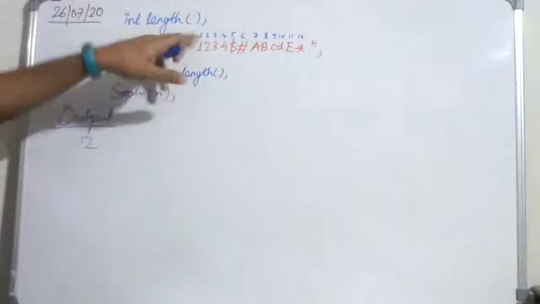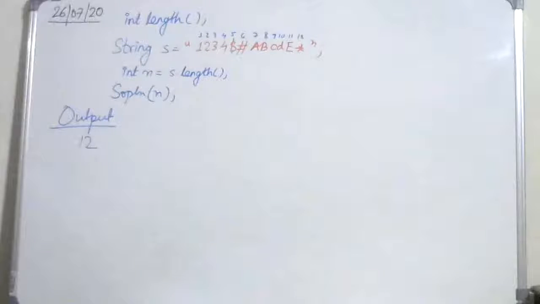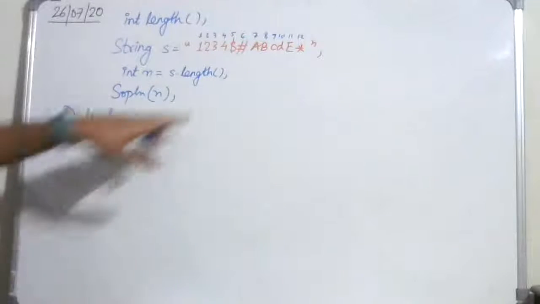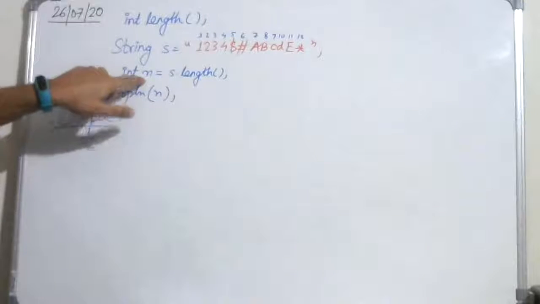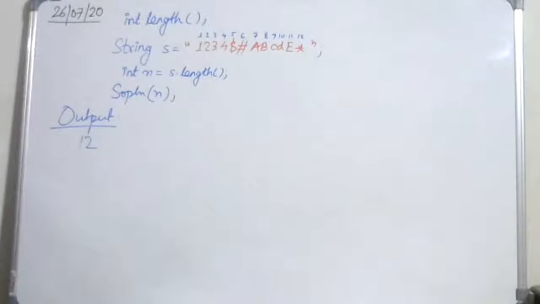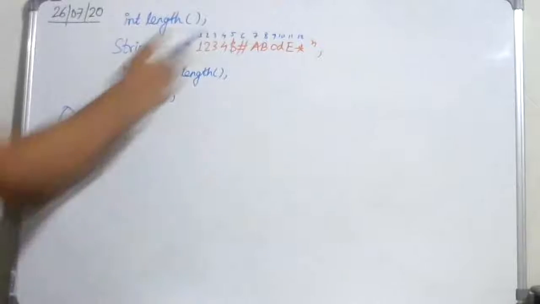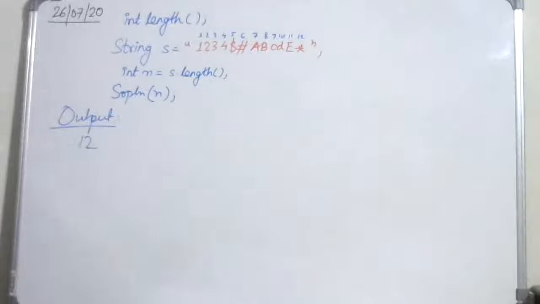Remember, length starts counting from 1, whereas in the case of array indexing, indexing starts from 0. When you are using the value returned by the length function, you have to make sure that you do not exceed the number of characters.